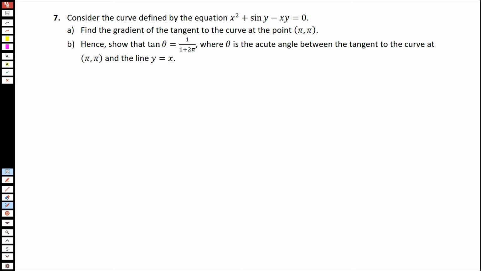So for part A, we can start by differentiating this equation implicitly. Minus. Now, because this is a product, we can use product rule, differentiate that.